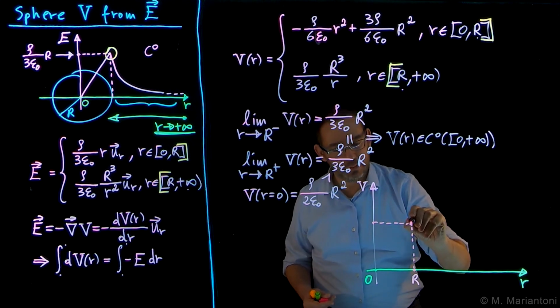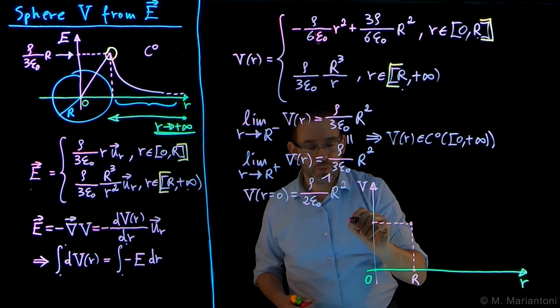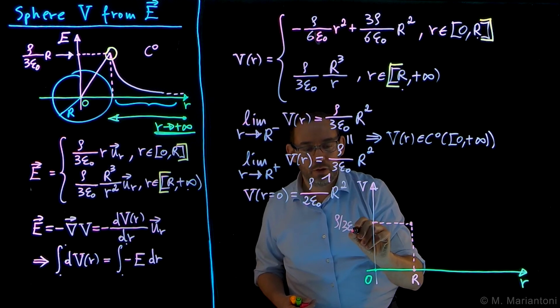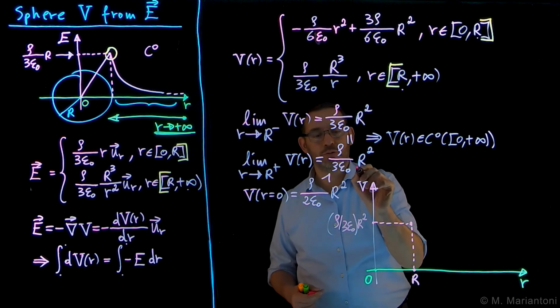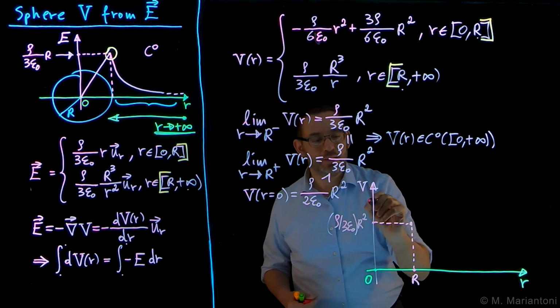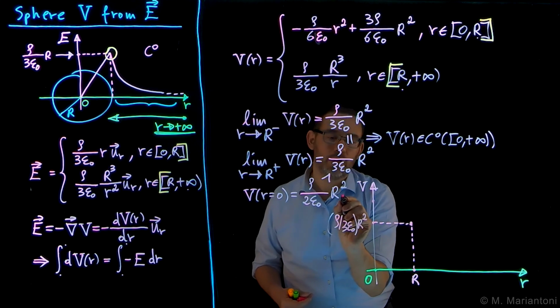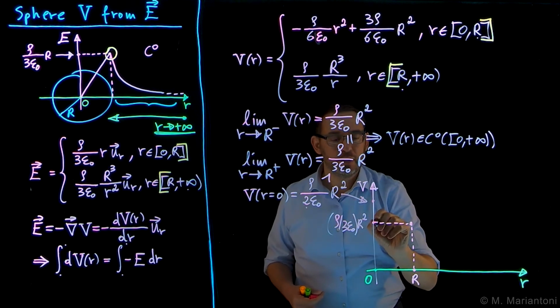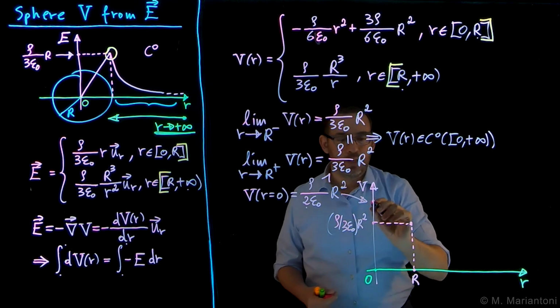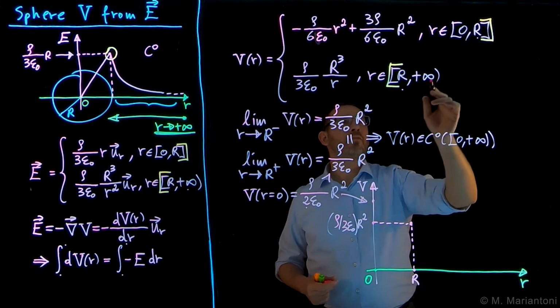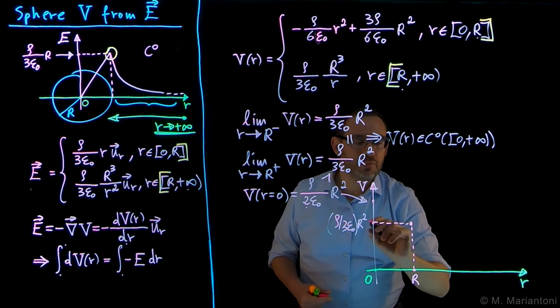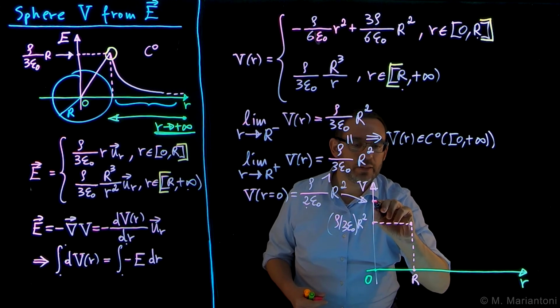This value happens to be rho divided by 3 epsilon naught times capital R squared, which is this quantity here. This is smaller than this quantity here. So this quantity here divided by 2 is the one up here at 0. And so in the first region, we have a dependence which is minus r squared. So it's an inverted parabola. So it looks like that.